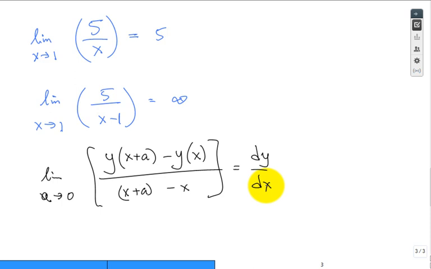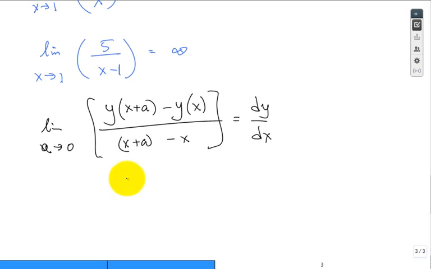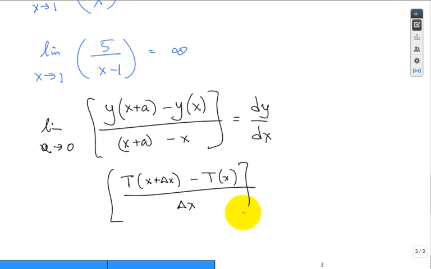So when we come back here and we have this, let's say the temperature at x plus delta x minus the temperature at x, and we divide by delta x, we want to take the limit as delta x goes to 0. What do you get for that one? Derivative of temperature with respect to x. All right, you're getting really good at this. One more.